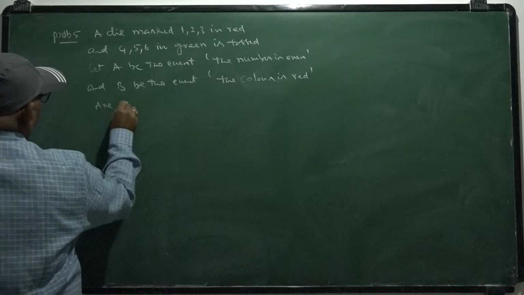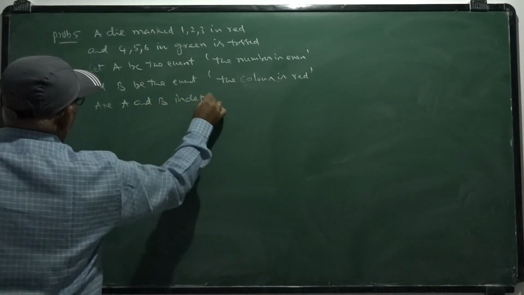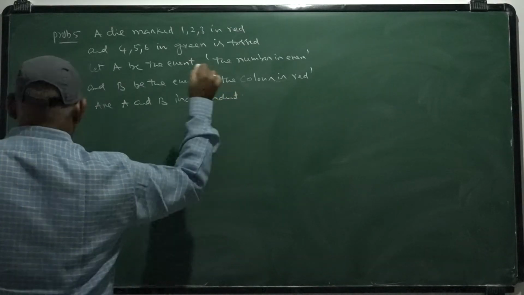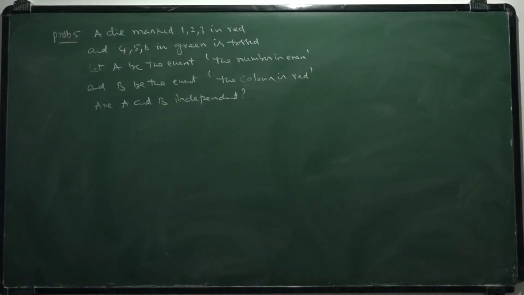Are A and B independent? Check whether A and B are independent or not. The faces marked 1, 2, 3 are colored red, and the faces with numbers 4, 5, 6 are in green color.